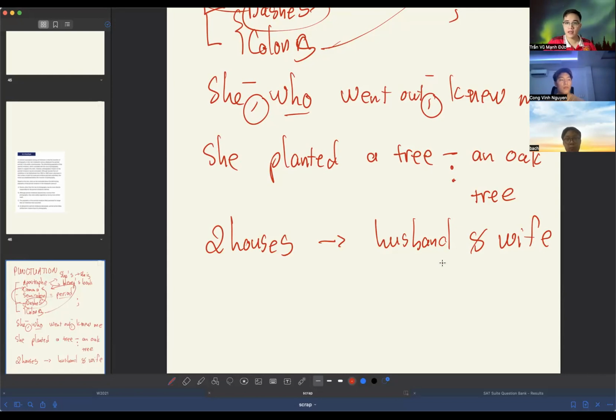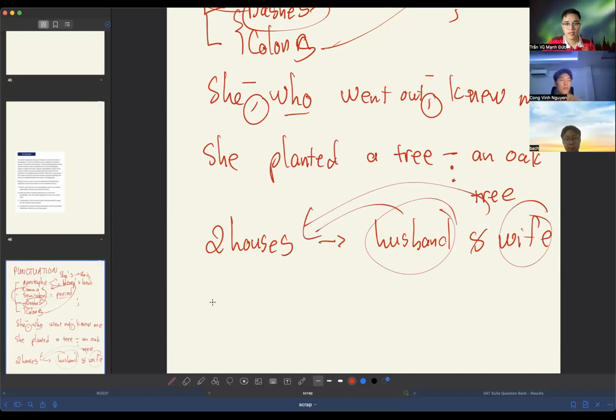So if I say that there's a husband and there's a wife and there are two houses, that means in most cases, and we're going to make a wild generalization here, the husband and the wife both own the houses. They most likely belong to them at the same time. So these two people own the same thing.